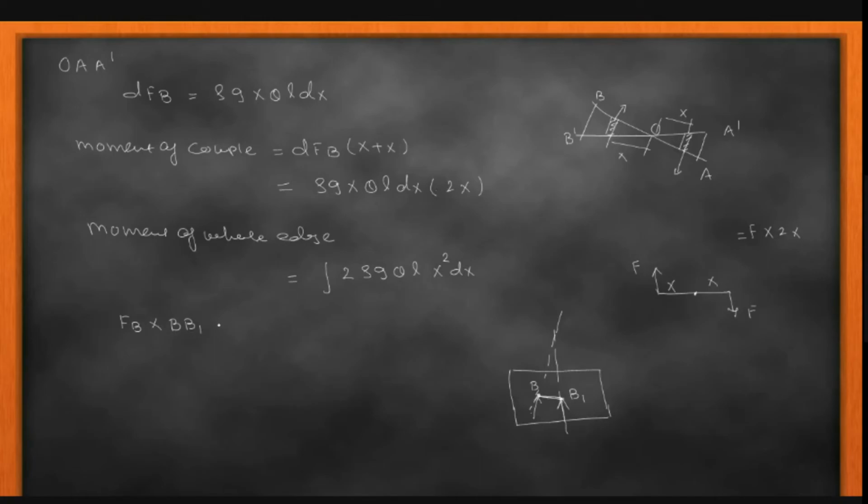Here we get a clockwise moment, which we can write as a cause by the displacement of the center of buoyancy. So finally we get our expression that FB into BB1 equals the integration of 2 rho g theta L x square dx.